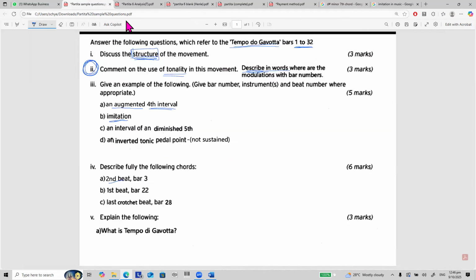So just now the augmented interval is in bar 1. During the exam, you need to write down which bar: bar 1, second to third beat, A to D sharp. Write down which bar number and which beat, and also write down the letter names. For imitation, it is bars 13 to 15, 13 to 14.